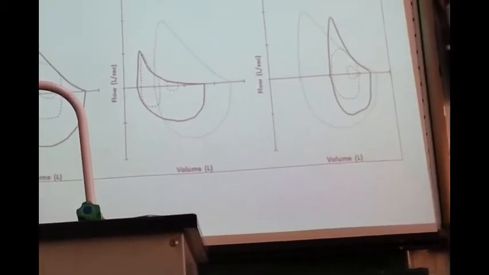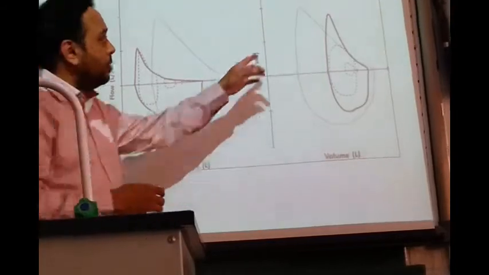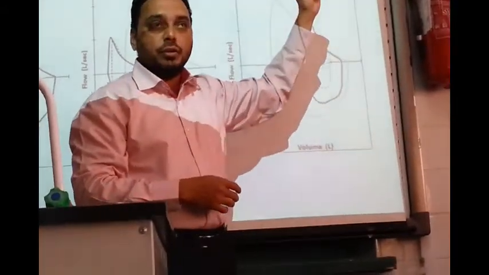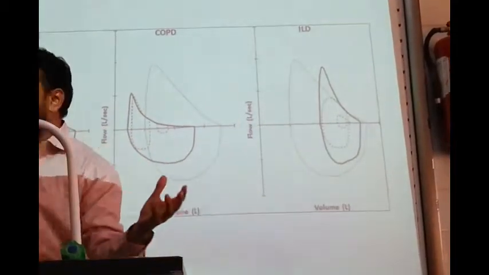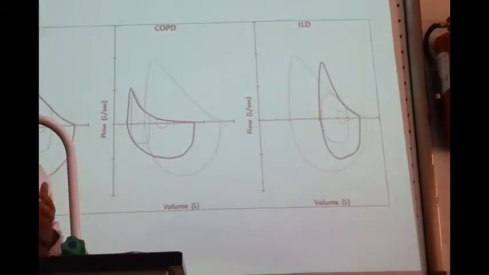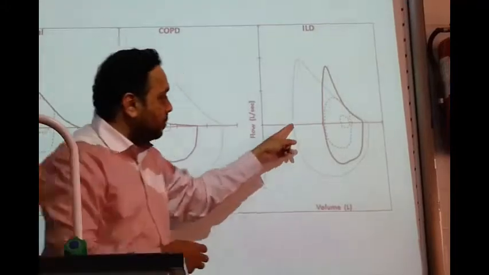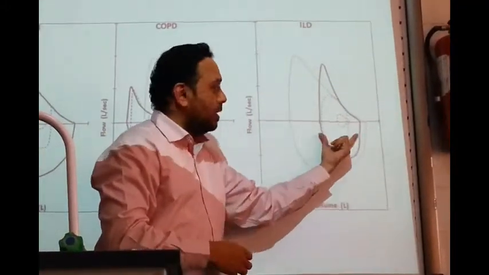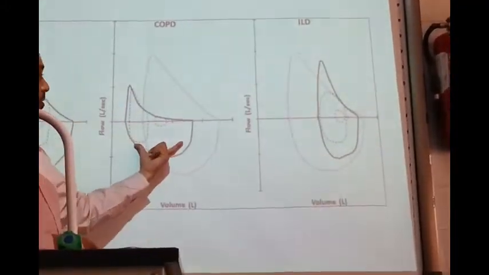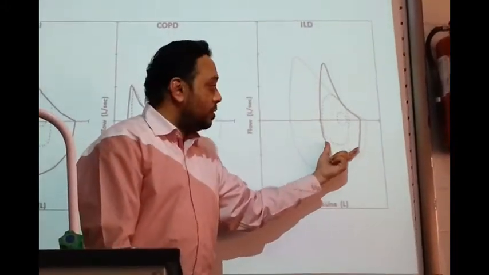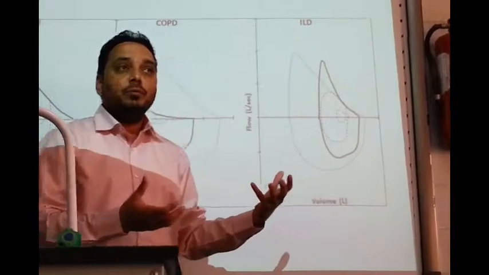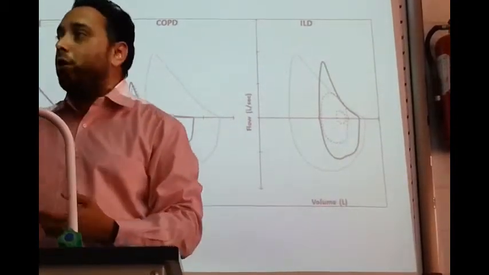Now let's see about restrictive, which is interstitial lung disease, which is restricting the expansion of the lungs. So when air is trying to come in, you see this is the normal. The shape here is changed. See this shape and see this shape. So there is restriction from within the tissue of the lung.